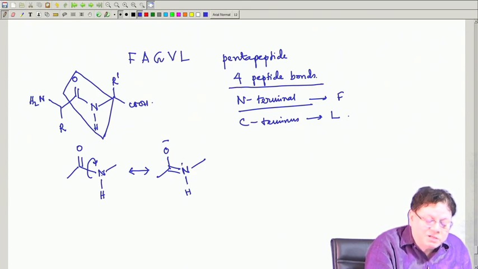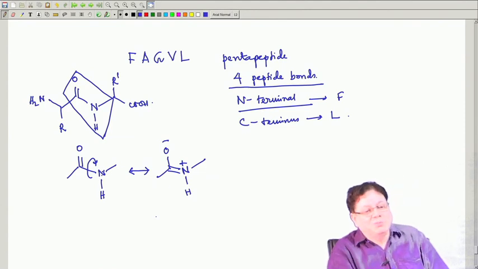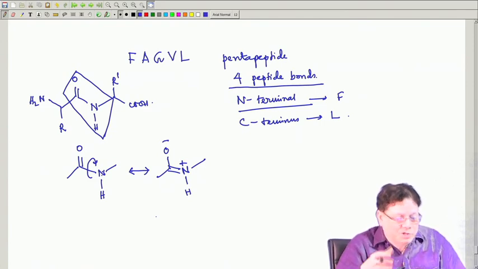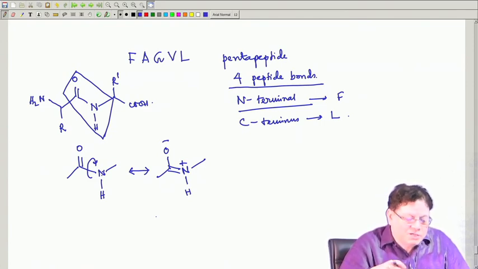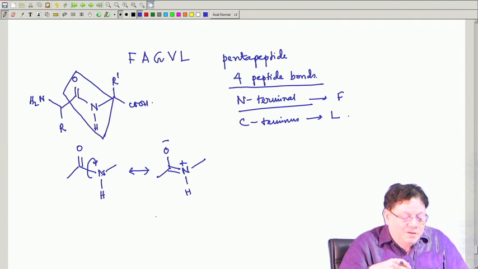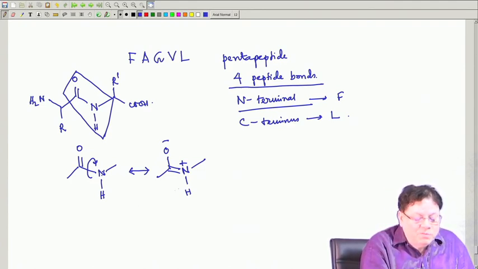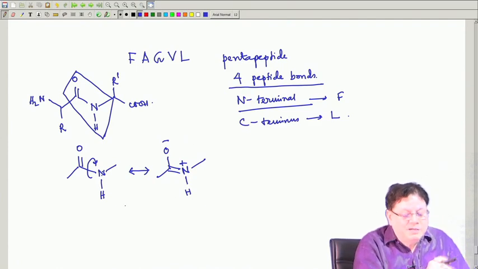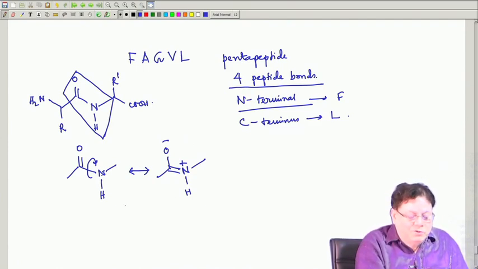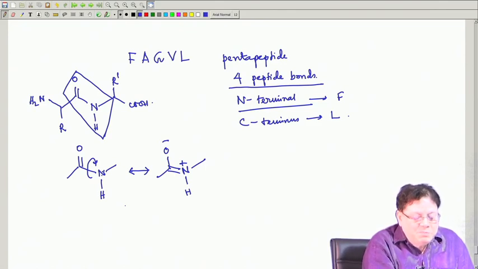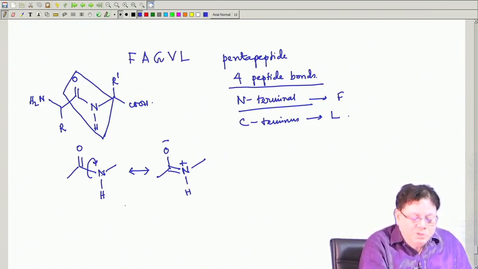Resonance is nothing but rearranging the positioning of the electrons, following certain rules like the octet rule and the charge concept. In this case, this is the neutral form and this is the resonating structure. This is another canonical form. So, these are the two canonical forms of the peptide bond between amino acids.